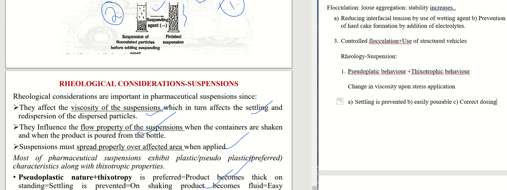By correcting the rheological behavior of a suspension, we can improve the stability of a suspension, and thus we can promote correct dosing of the drug when we consider suspension as a dosage form. So in this lecture we have discussed the rheological considerations, and how we can improve and sustain the stability of a pharmaceutical suspension by considering the electrical properties.